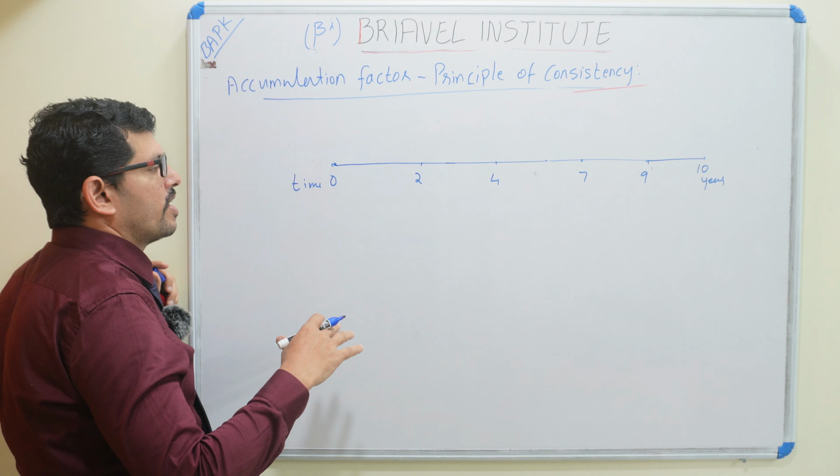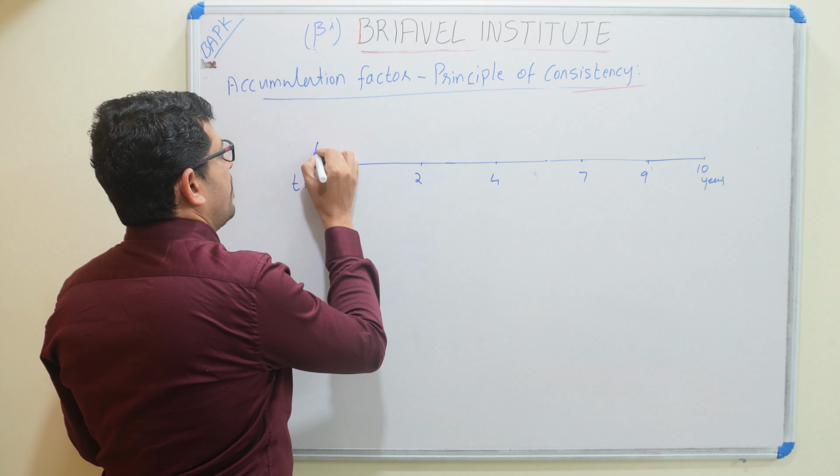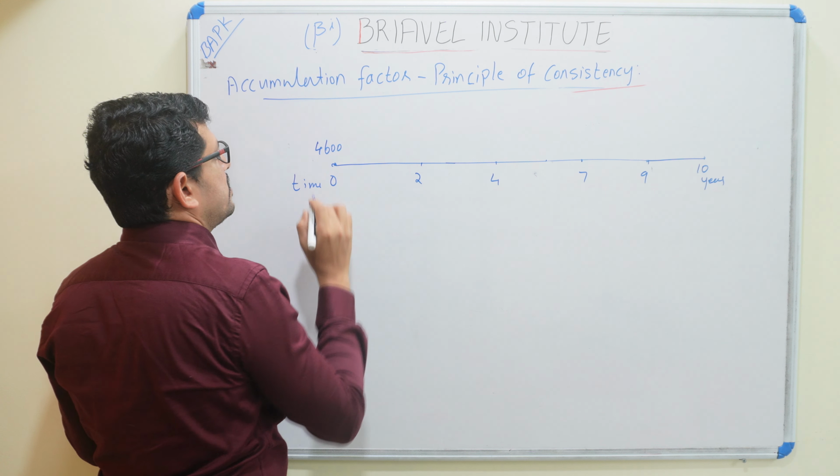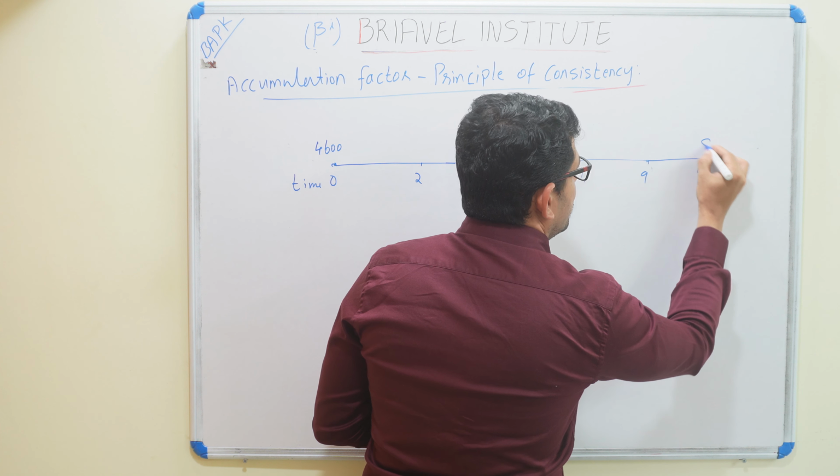We are given the accumulation factors only, not the amounts. At time 0 we deposited 4600, and in the 10th year we got 8200.